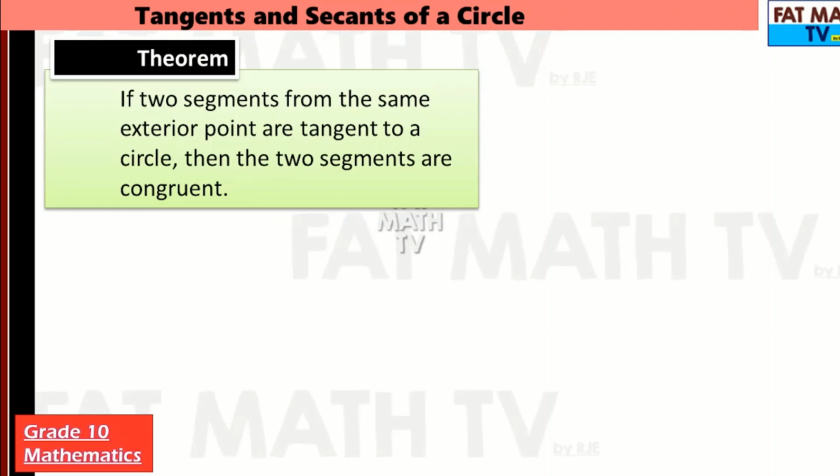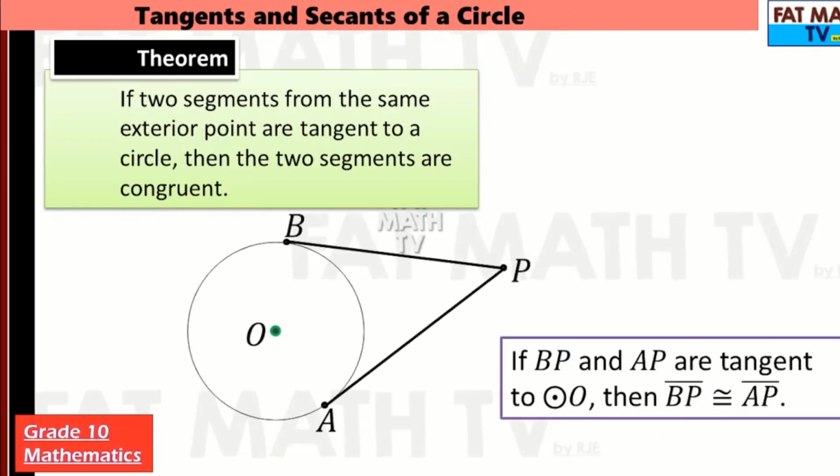Okay, let us have another theorem. If two segments from the same exterior point are tangent to a circle, then the two segments are congruent. So if we have this illustration, the two segments from the exterior point P are tangent to the circle.